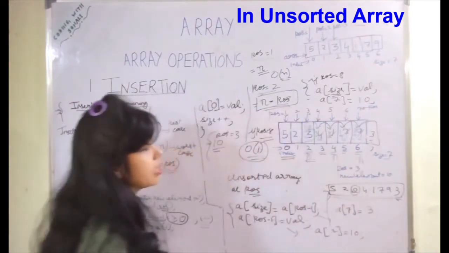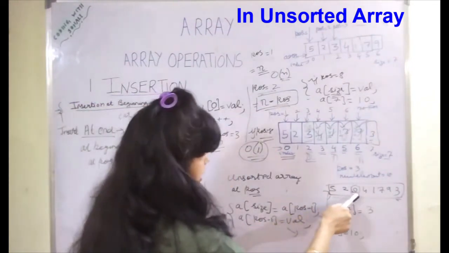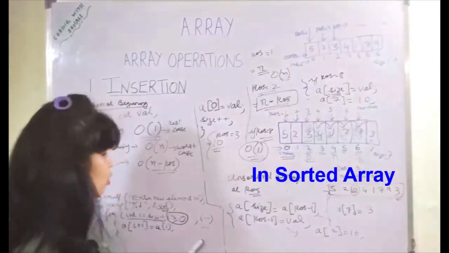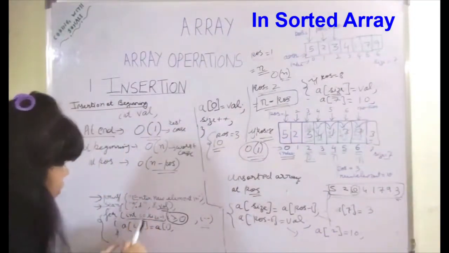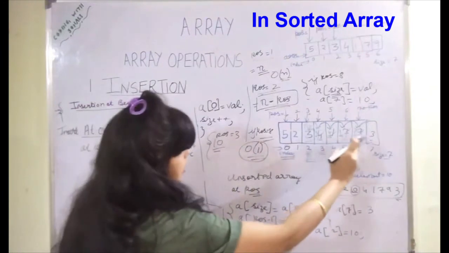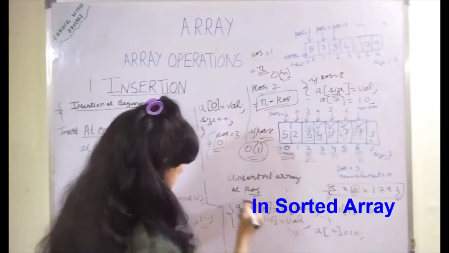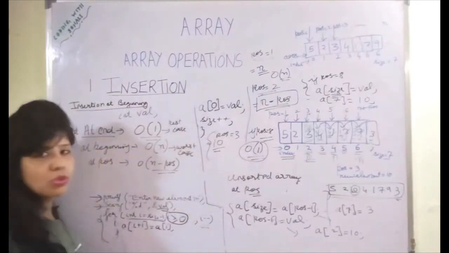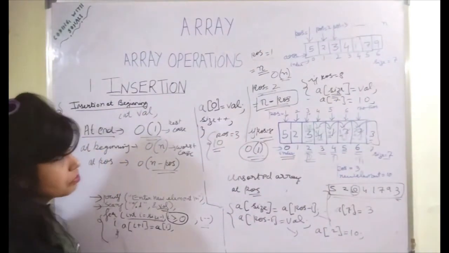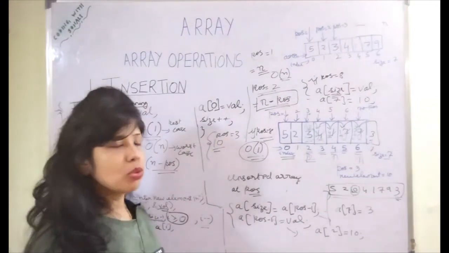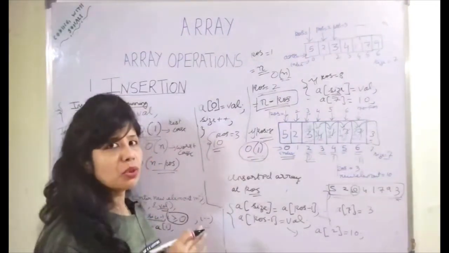It is an unsorted array in which you are asked to insert the element at the position. But if it is a sorted array, these shifts are required. That is, you have to maintain the order, so you have to shift one by one. You cannot do the swapping as I have shown here. So these changes are required. I hope you understood how I talked about the time complexity for the sorted array and for the unsorted array.